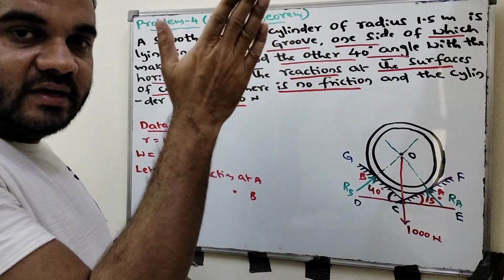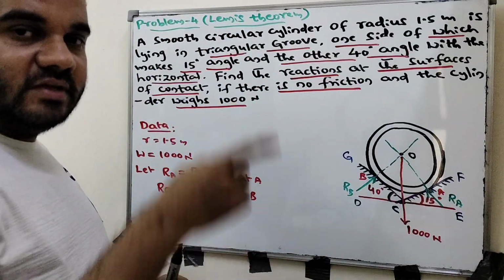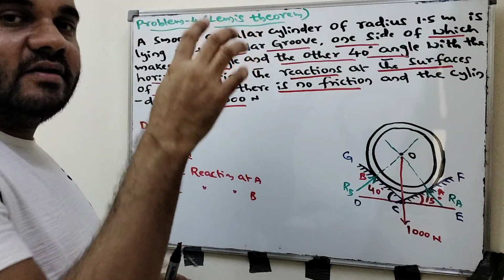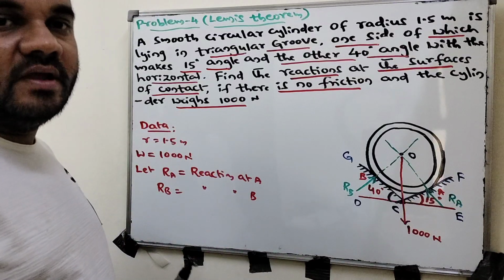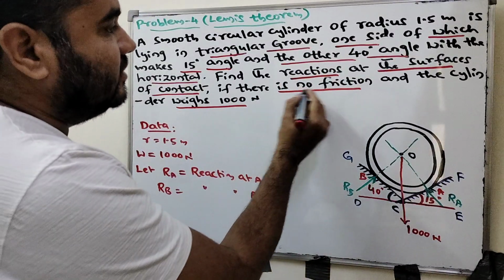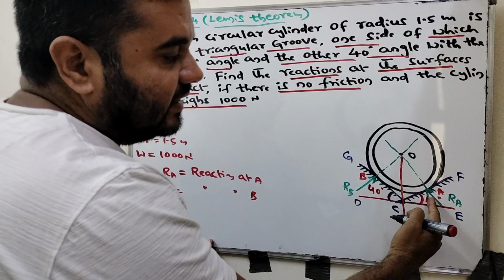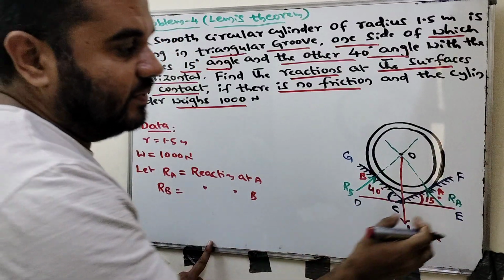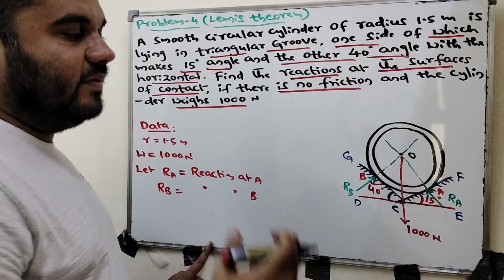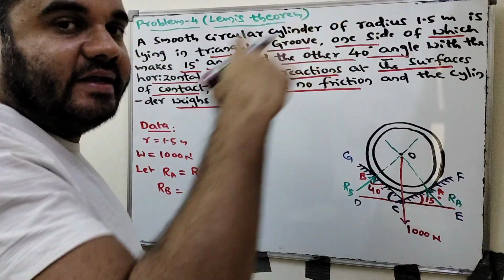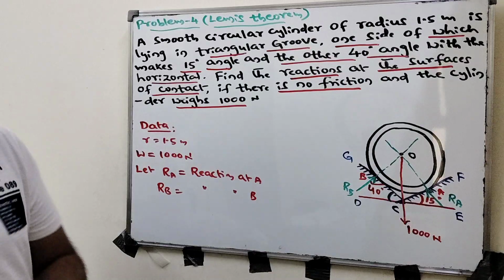The second one is that there is no friction between the surface and the cylinder. In that condition, the reactions are always normal to the surface. It means this is 90 degree and this is also 90 degree. The reaction always acts at 90 degree to the surfaces. These are the two conditions you have to apply here.